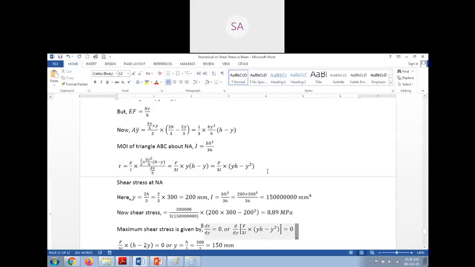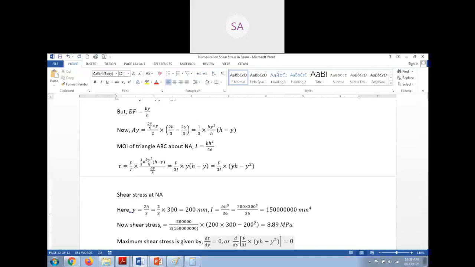If you want, you can just write this also. At apex, y is equal to 0, so shear stress is equal to 0. At base, y is equal to h, shear stress is equal to again 0.